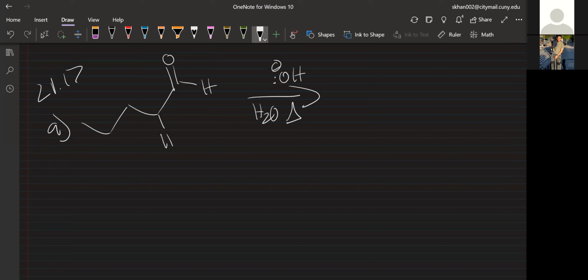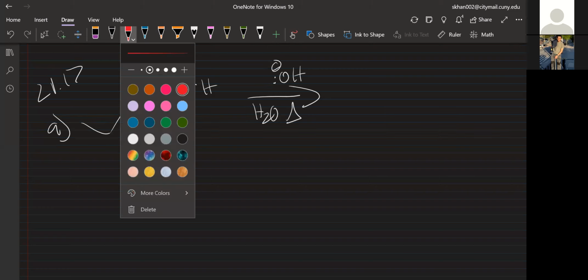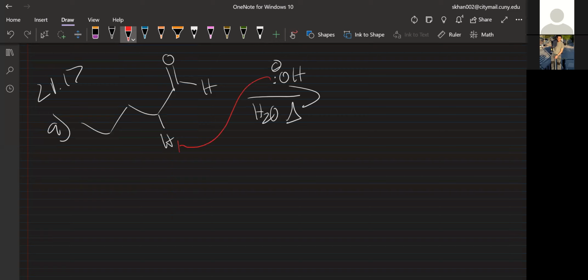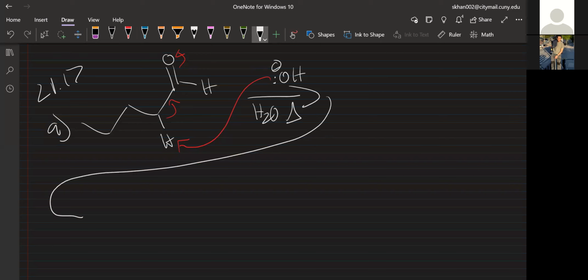So let's get our deprotonation going here. I'm going to go down this way. Right, scrolling over. Okay, so now we have our enolate.